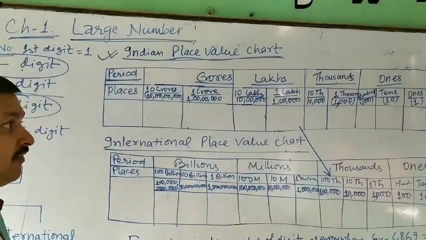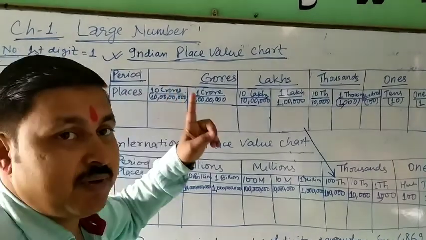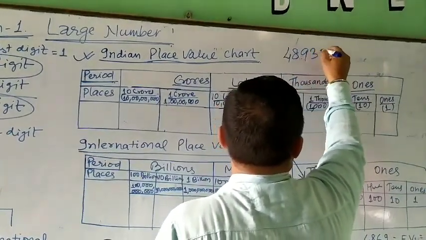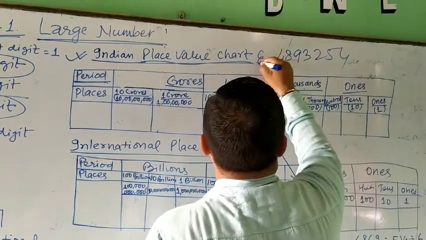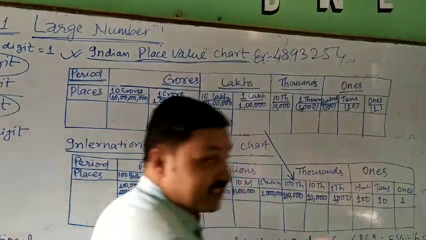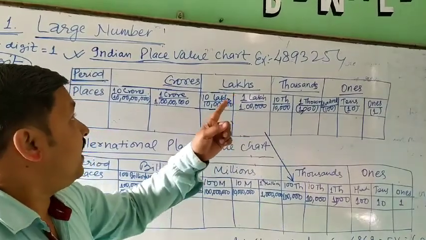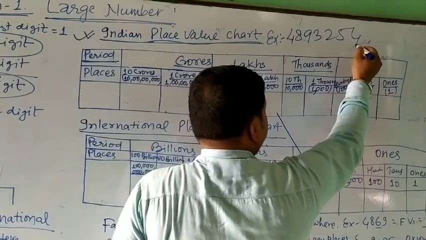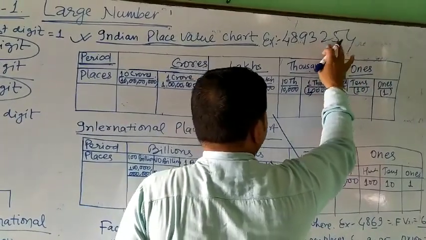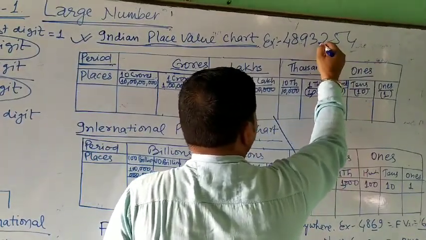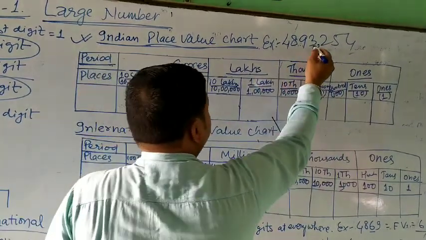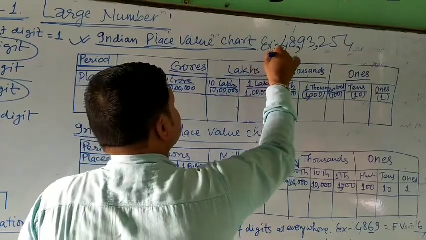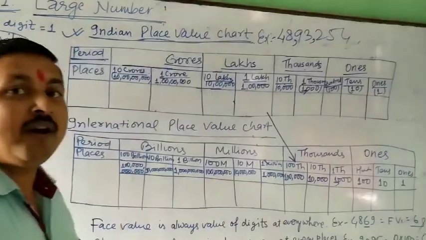So every number can be expressed in the Indian place value chart, for example 489324. After the first 3 digits we put 1 comma. After that, after 2 digits, another comma. Then after 2 more digits another comma should be put.